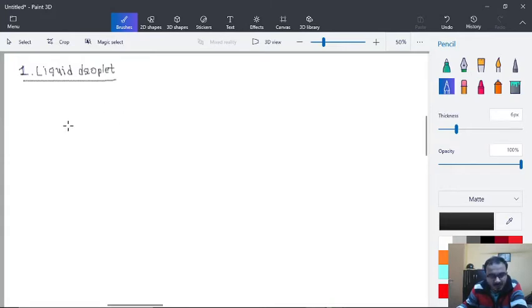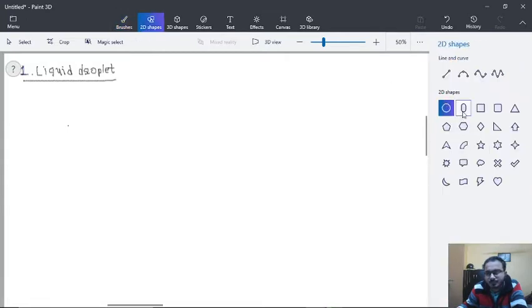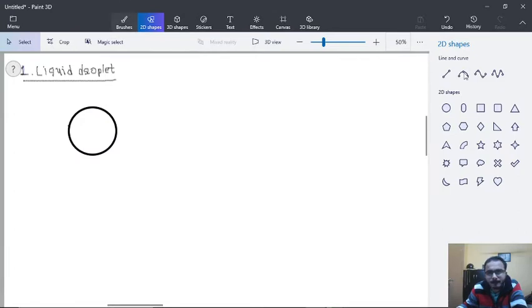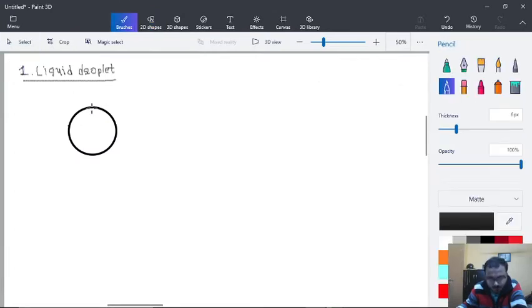So first let us draw a droplet. So this is the droplet we are having.